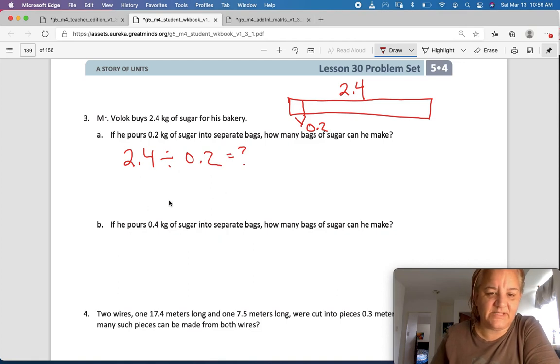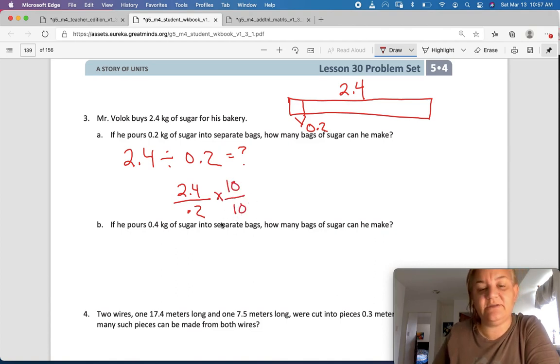Well, first of all, I'm going to draw that in, and I'm going to rewrite it as a fraction. 2 4/10 over 2/10. And I'm going to multiply that fraction by 10 over 10. The value doesn't change. 10 over 10 equals 1. You can multiply any number by 1 and it's still itself. But it does move the decimal point over, which is very convenient for us.